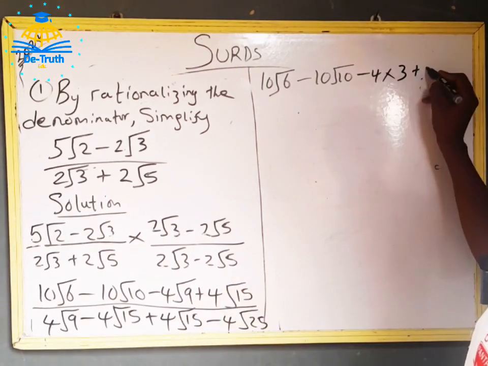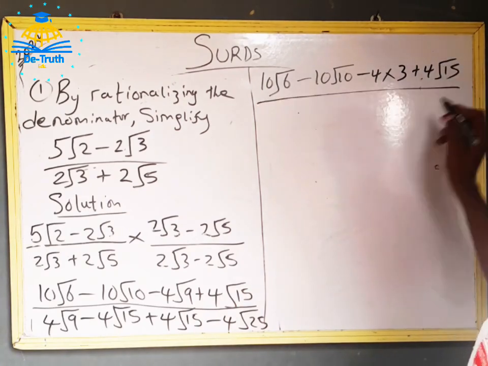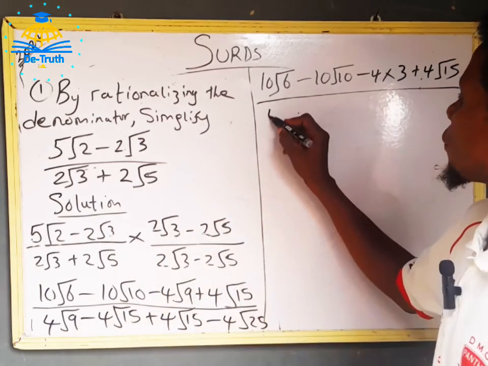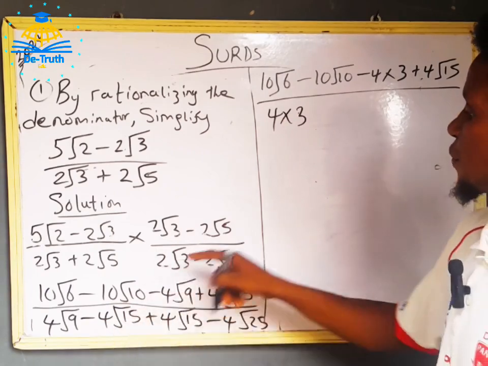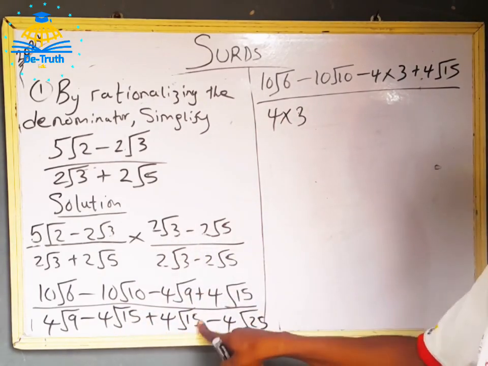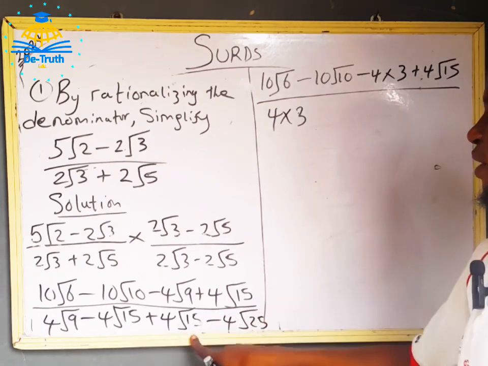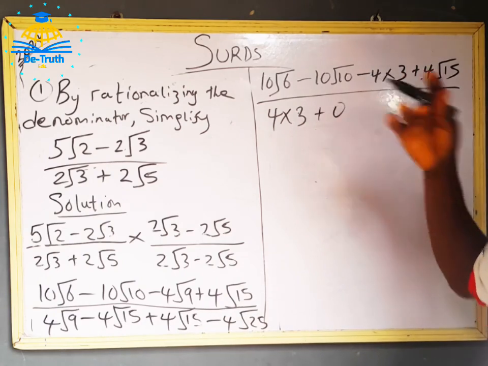Then plus 4 root 15, all divided by 4 root 9, which is 3, minus 4 root 15 plus 4 root 15. That is minus 4x plus 4x, which gives us 0.